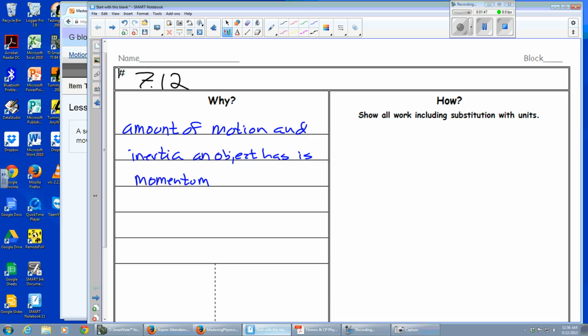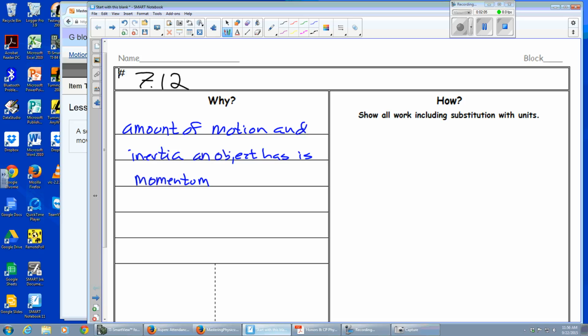You can phrase it however you want. Some people might say that momentum is inertia in motion. So that's a good showing that you understand the physics.